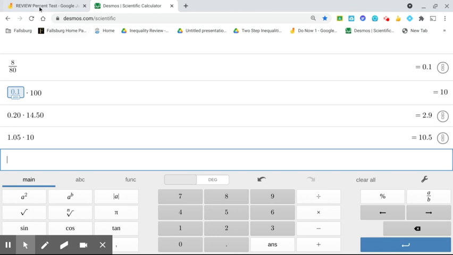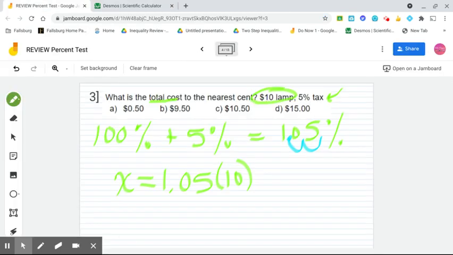And we get 10.5. So this really is money. Again, add that 0. So that means the total cost is going to be $10.50. If you did method 1, you would have gotten 50 cents. But then you were supposed to add that to 10 to get to 10.50 for the total cost.